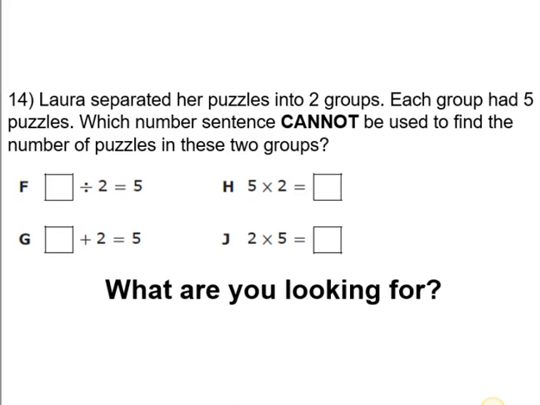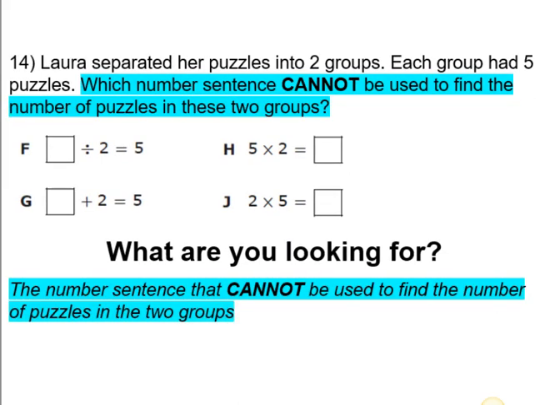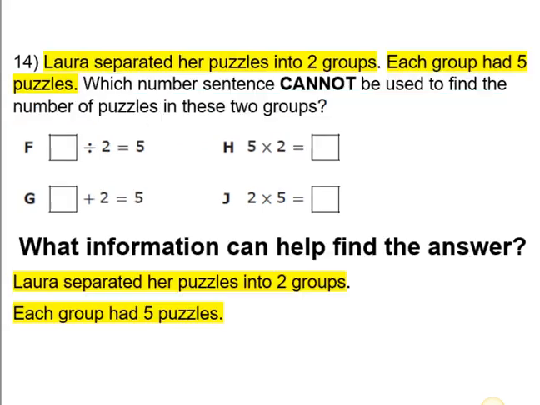What are we looking for? We are looking for the number sentence that cannot be used to find the number of puzzles in the 2 groups. What information can help us find the answer? Number 1, that Laura separated her puzzles into 2 groups, and also that each group had 5 puzzles.